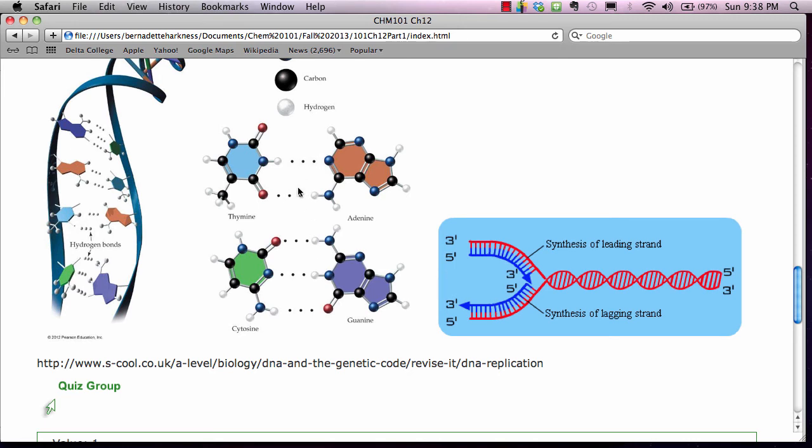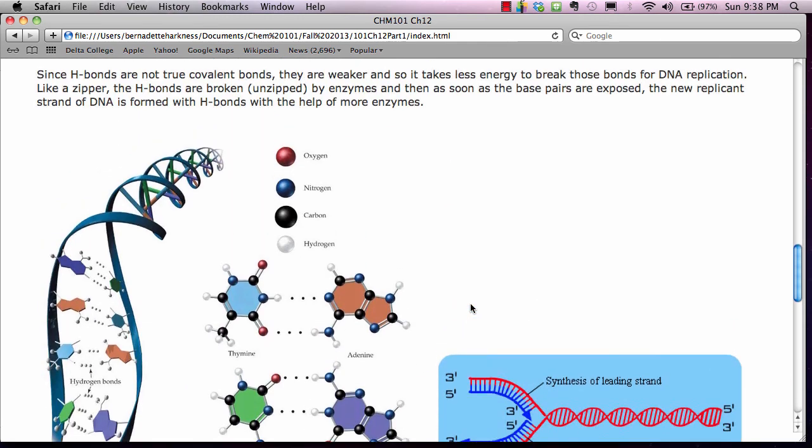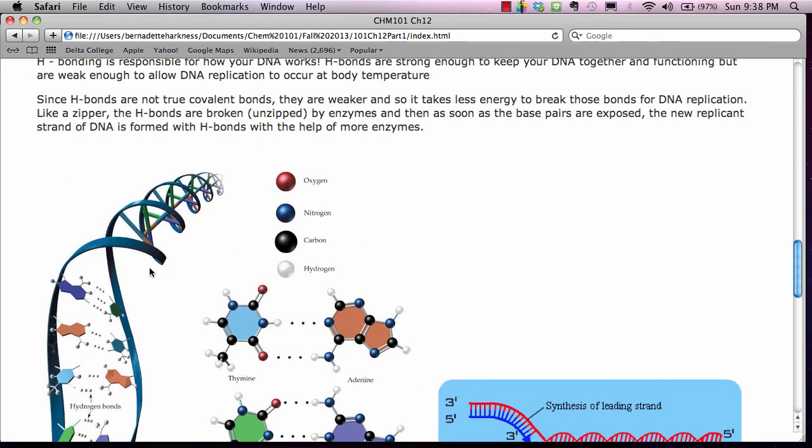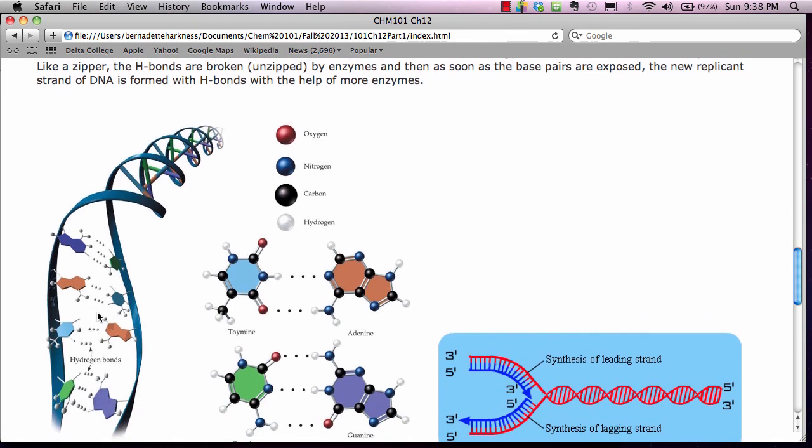It is because of the hydrogen bonding force between the base pairs that they form the double helix of the DNA molecule. And the really amazing thing is that the hydrogen bonding force is strong enough to keep your DNA intact, but also weak enough that when you need to replicate the DNA, it allows the bond to break without that much effort for replication.